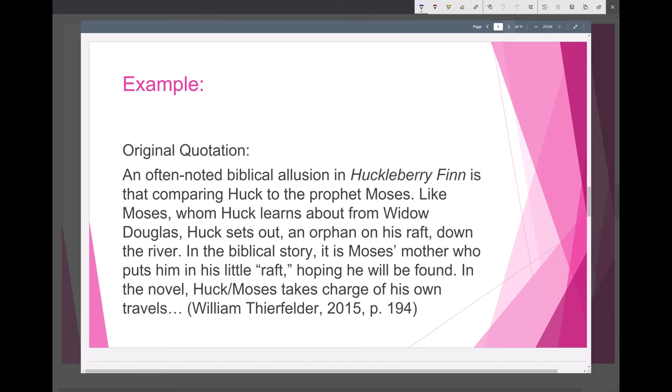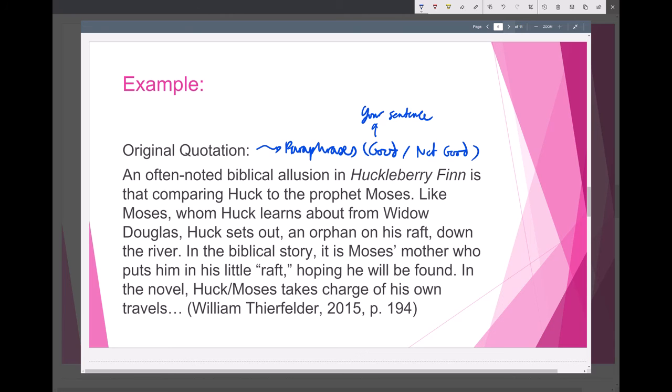Now, I'm reading this quote for a reason. What we'll be doing next is going to try different paraphrases. Some are good. Some are, let's say, not good. Too much like a quote. So this is your sentence.